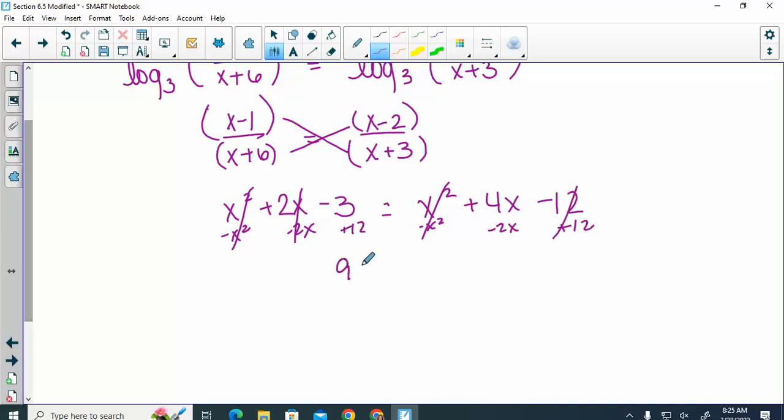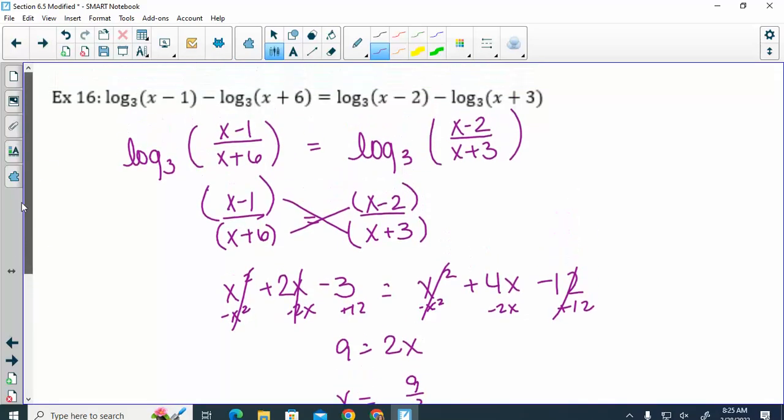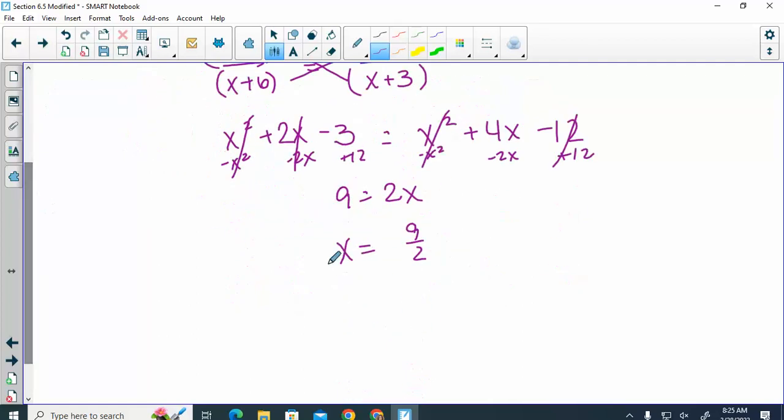You have 9 equals 2x, and you divide by 2, and you get x equals 9/2. And then you have to check that every argument is positive. If one of them is not, then it becomes a no solution here. 9/2 is 4.5, so 4.5 minus 1, plus 6, minus 2, plus 3, all of those are positive. So that does work.